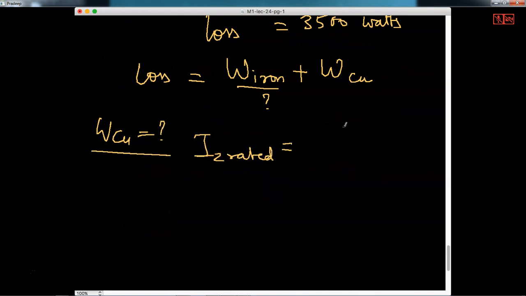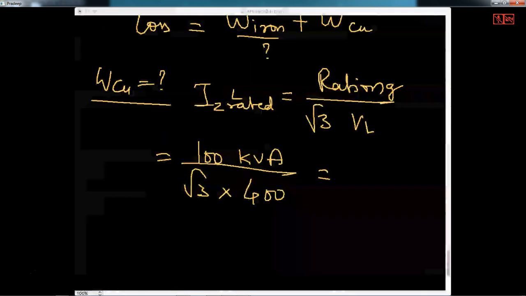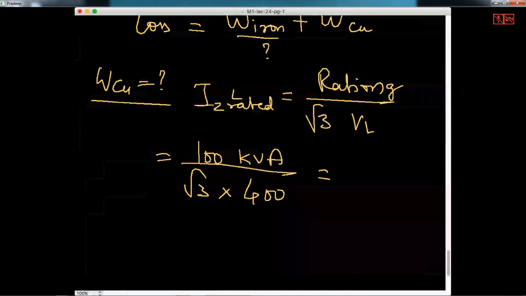So now if I do this calculation, that is 100 kVA divided by root 3 times 400. Let me confirm, is that 400 kV? No, it is just 400. Okay, so if you do this calculation, you'll get 144 amperes.